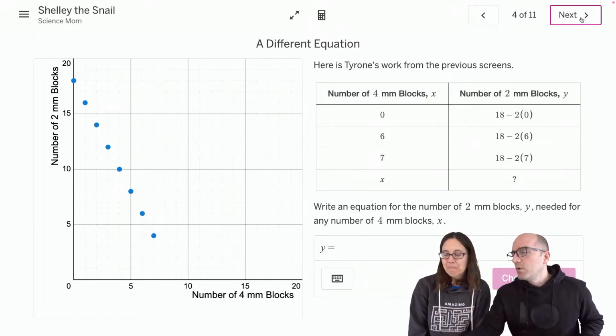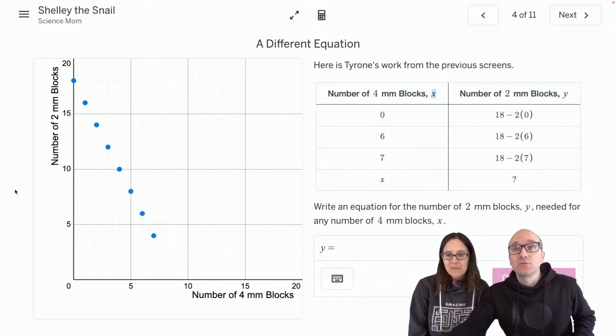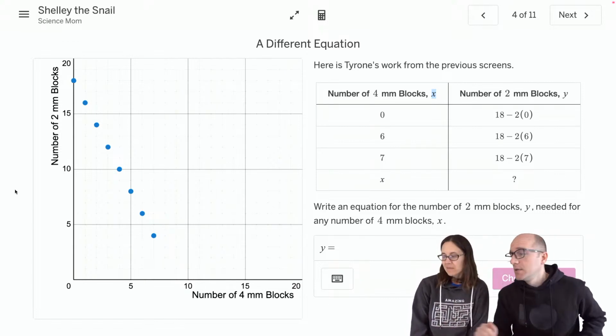All right. So we're given some information here, and notice we're calling the number of 4mm blocks X and the number of 2mm blocks Y, because a horizontal axis and vertical axis usually get named X and Y. Okay.